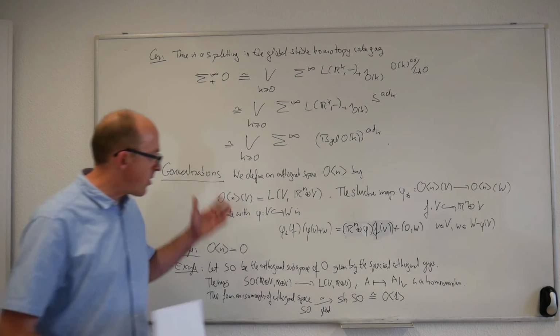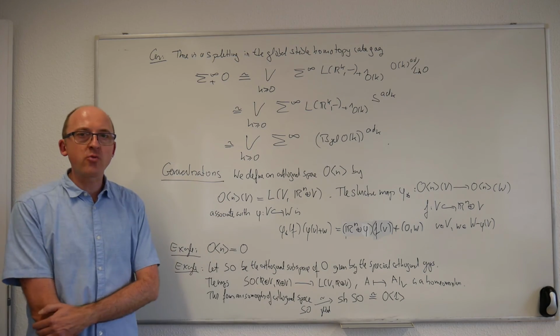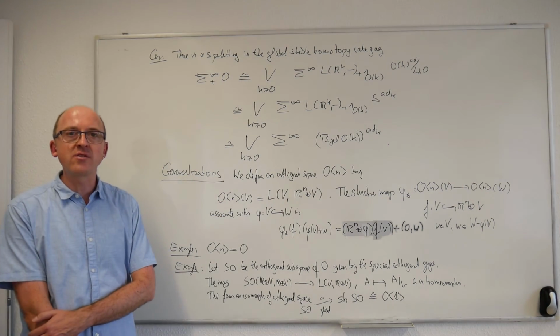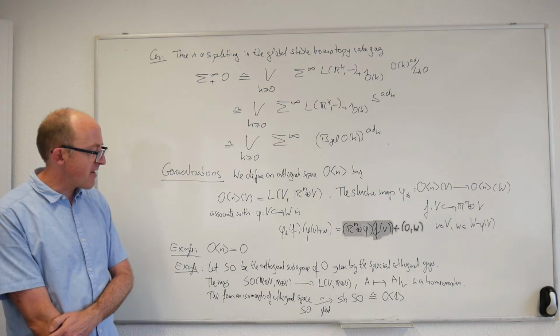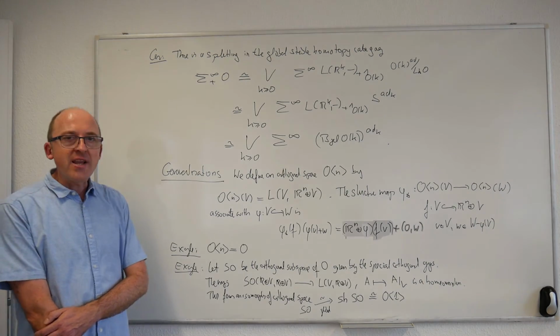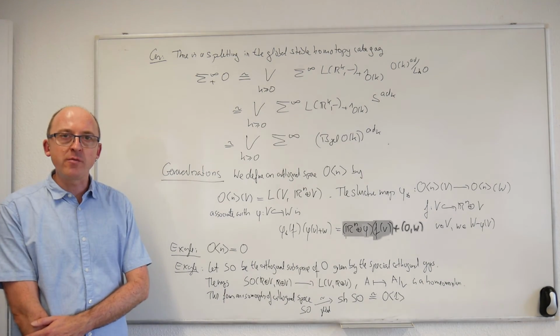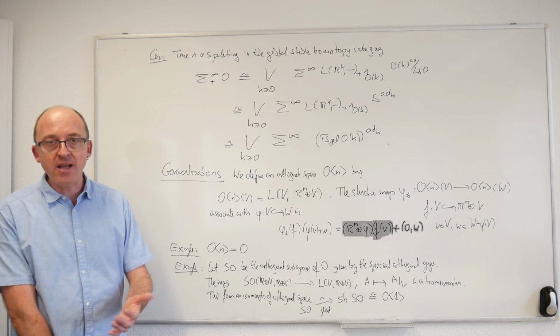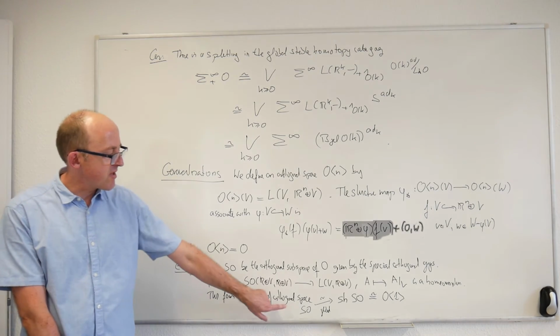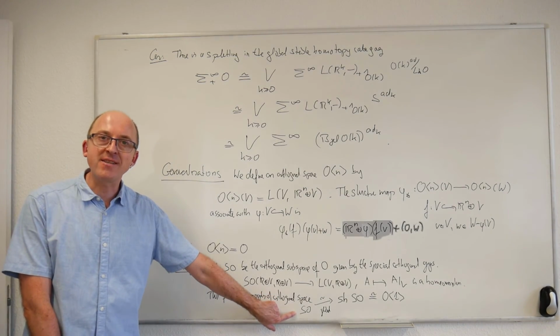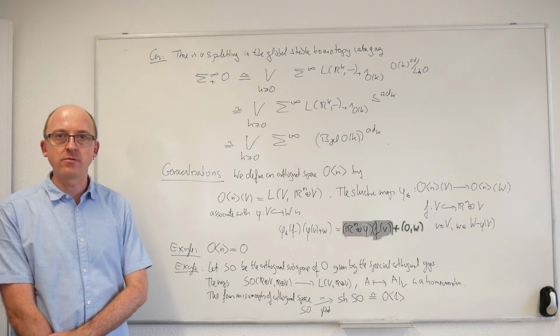So summing this all up, the pointy bracket 1 construction in particular includes the orthogonal space made by the special orthogonal groups. So any result that we prove about O pointy brackets n, in particular for n equals 1, includes a result about the orthogonal space given by the special orthogonal groups.